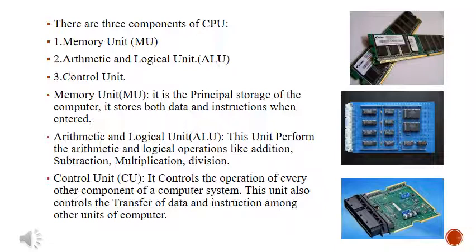Arithmetical means what? Addition, subtraction, multiplication and division. Control unit, short form CU, controls the operation of every component of a computer. This unit also controls the transfer of data and instructions among other units of the computer.